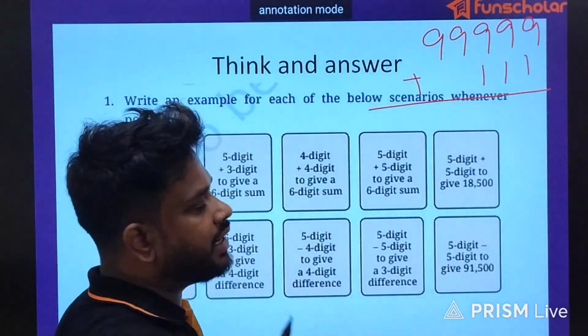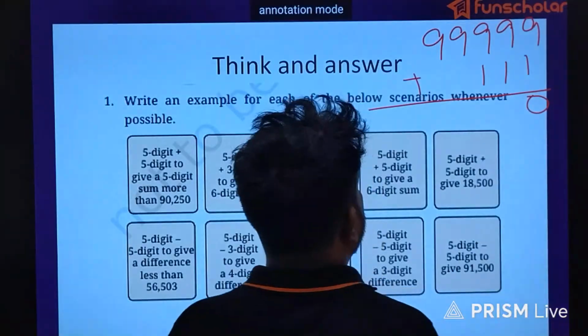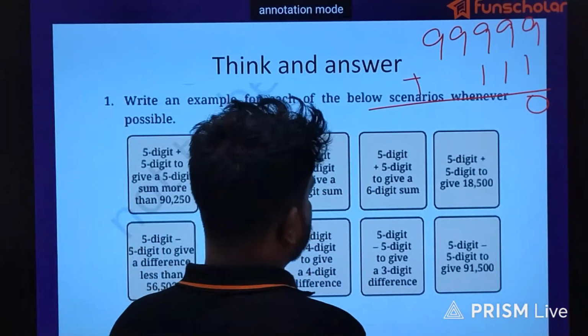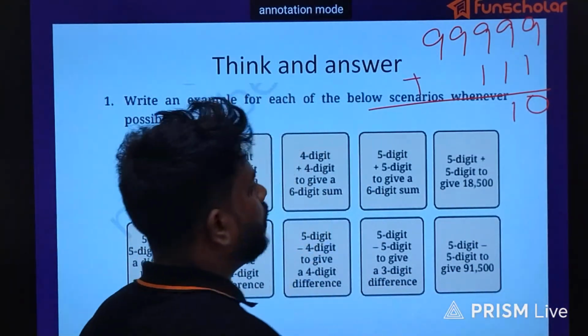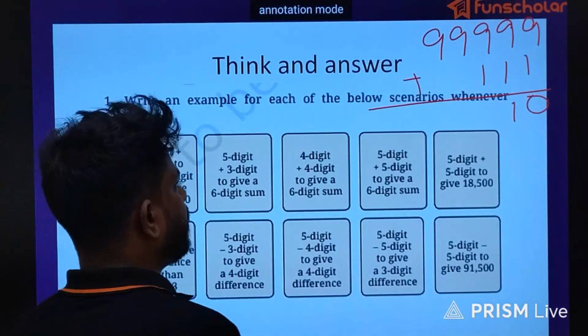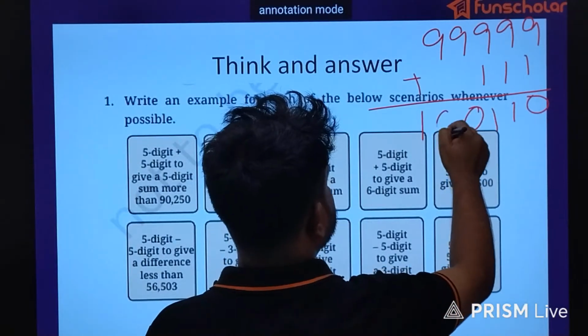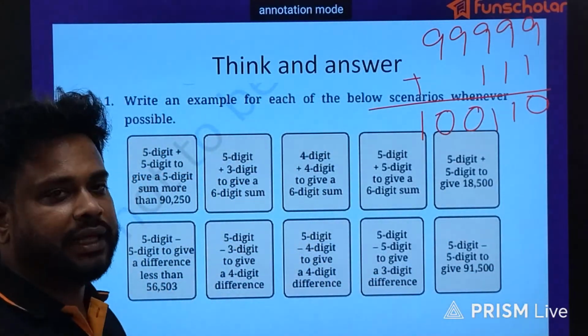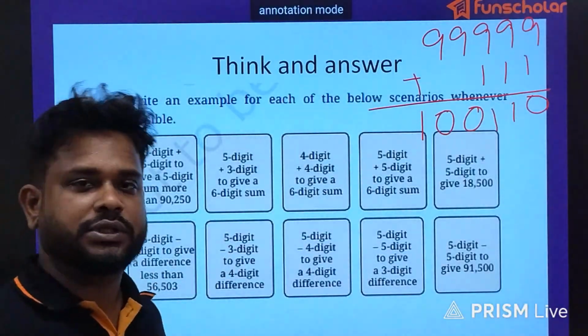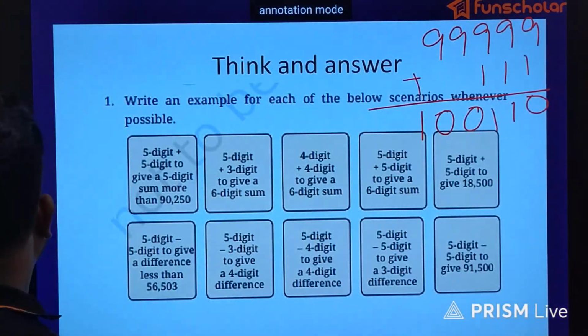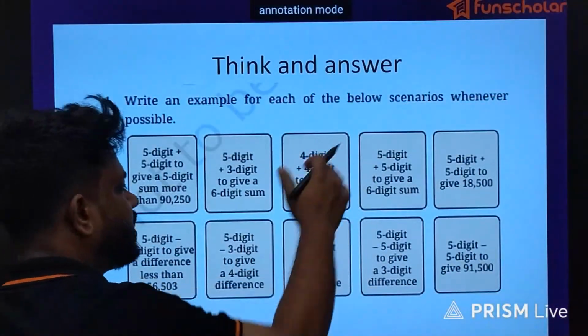So you will be getting 9 plus 1 is 10, 1 in hand, 9 plus 1, 10 plus 1 is 11, 1 in hand, and so on, so we will end up getting 100,110. Okay, now you guys can do the rest of the numbers by yourself.